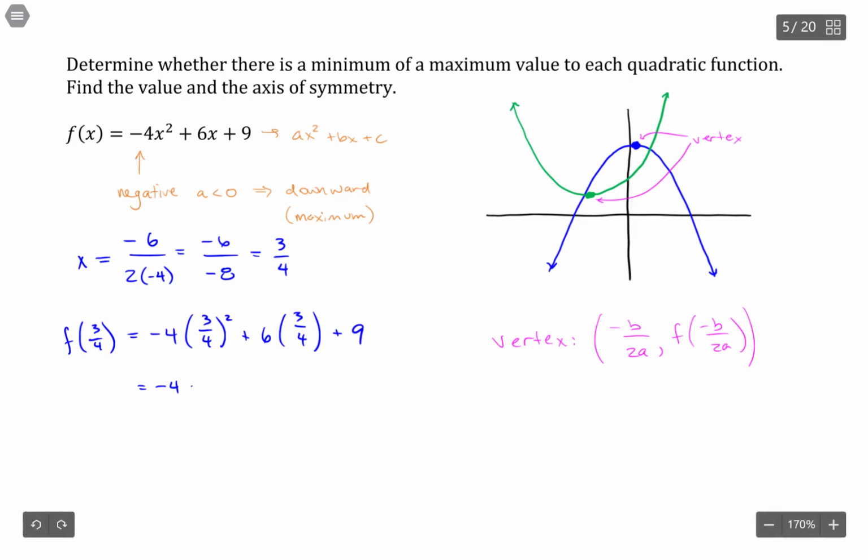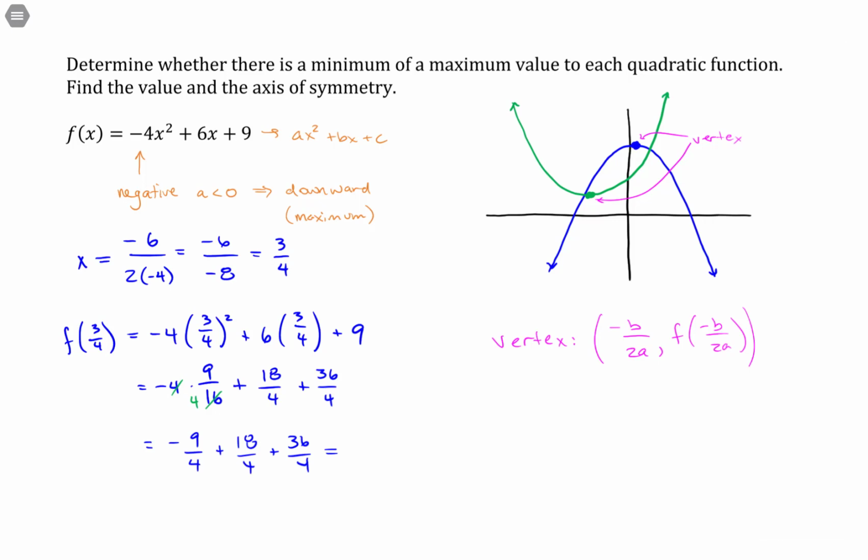So 3 squared is 9, 4 squared is 16, plus 18 over 4, plus 9, and I'll change that to fourths as well, so 36/4. One thing that's nice is 4 is going into this 16, leaving me a 4 in the denominator. So this is negative 9/4 plus 18/4 plus 36/4. Negative 9 and 18 give me 9, 9 and 36 give me 45, so 45/4.